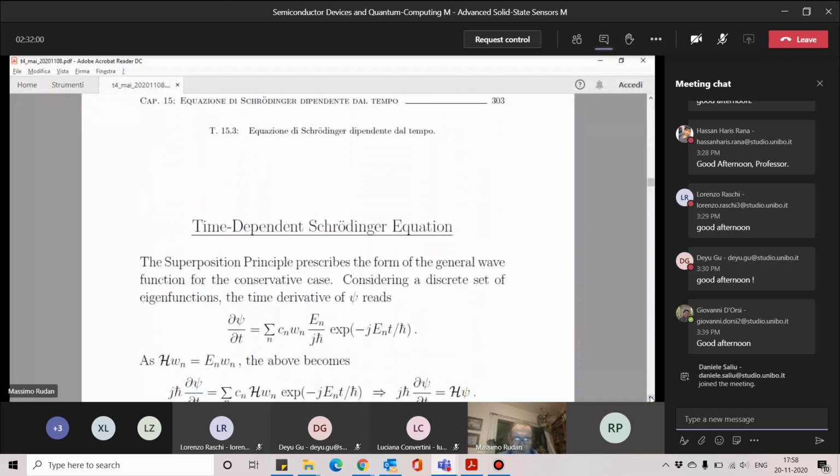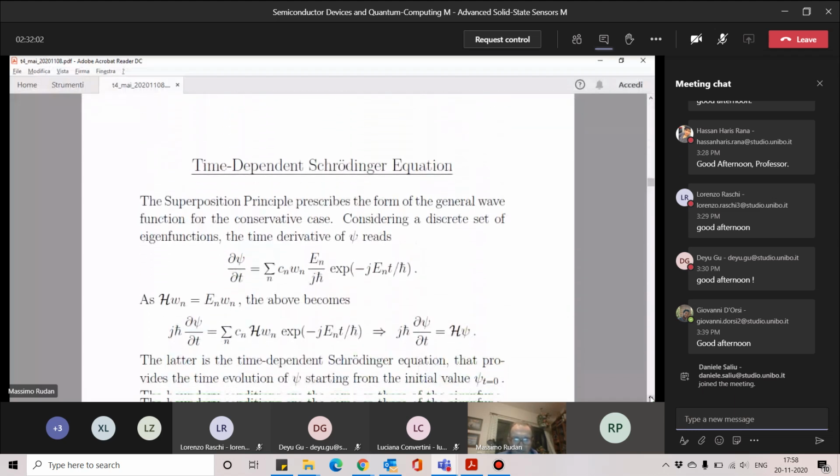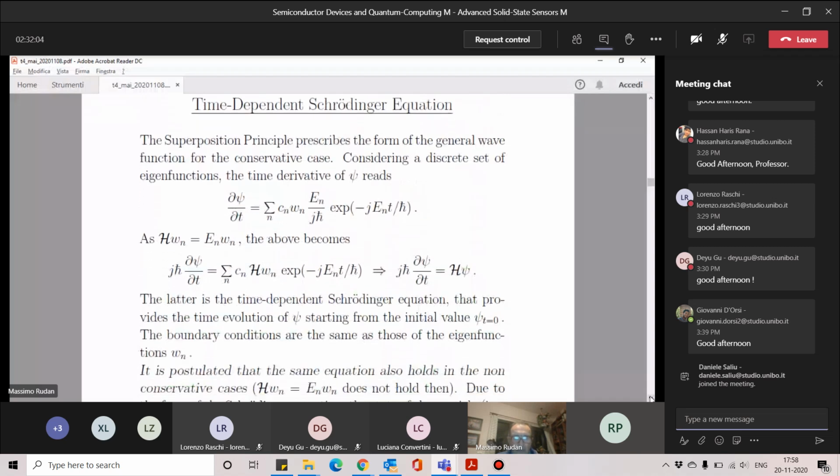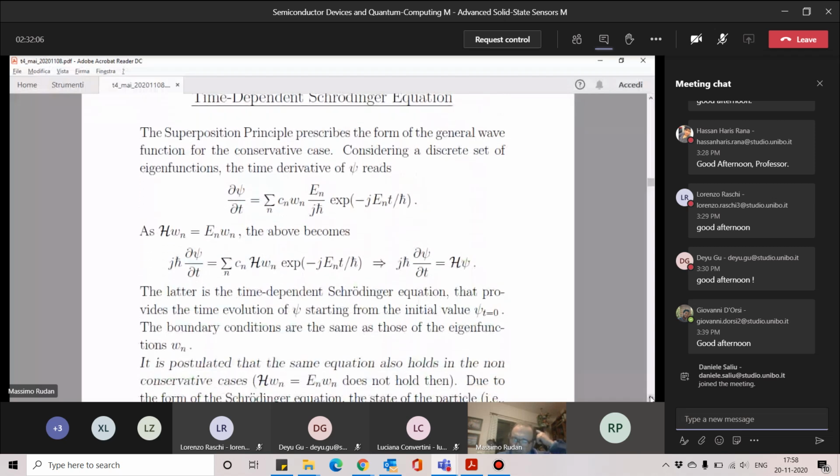It is quite easy because, again, we consider the case of discrete eigenvalues. Okay, the analysis can be repeated exactly in the case of a continuous set of eigenvalues.